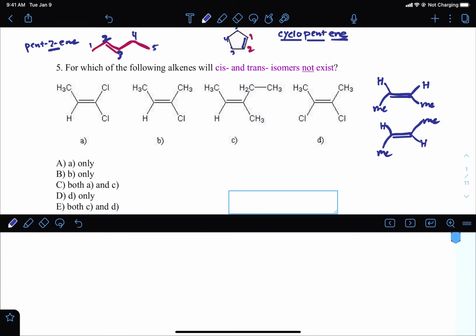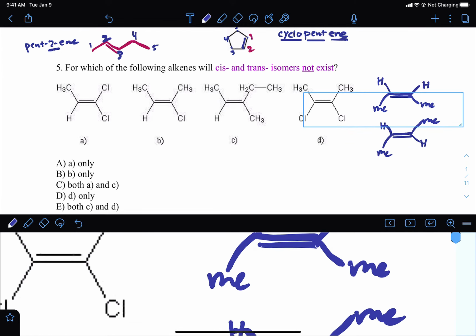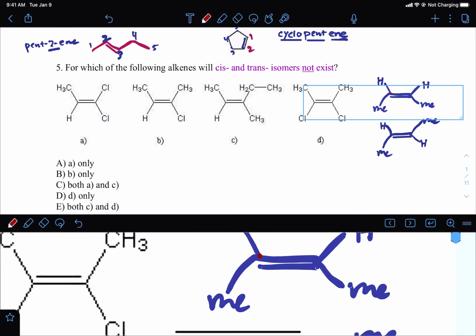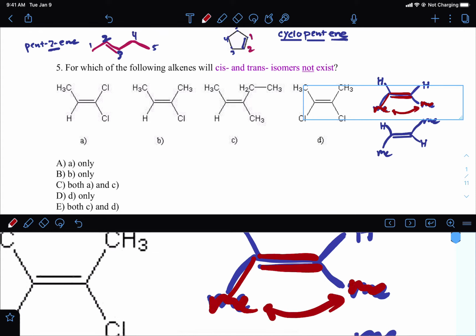There's not nearly enough rotation energy to cause a pi bond to snap. So we can consider these molecules rigid. One of them is locked across that pi bond with the methyl groups. Notice that the methyl groups are kind of close to each other. We call that cis.